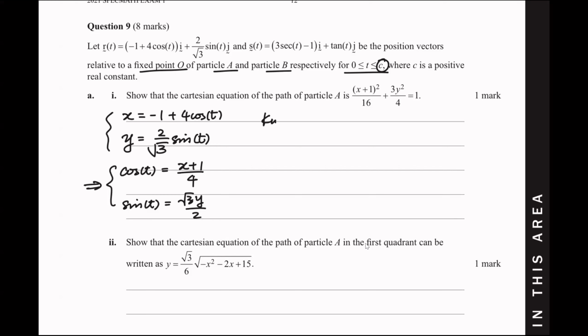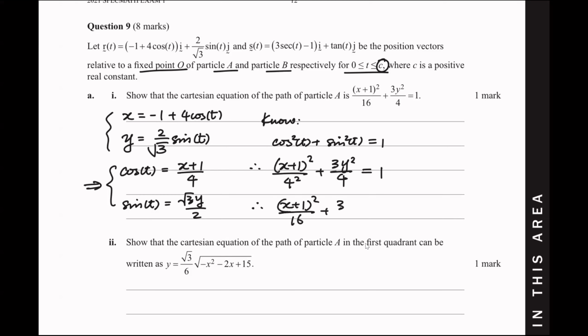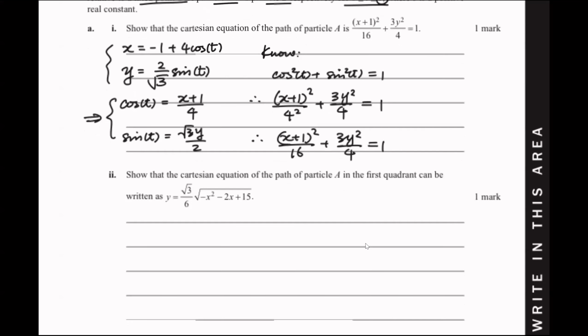We know that cosine squared t plus sine squared t equals 1. Therefore, (x plus 1) squared divided by 4 squared plus 3y squared divided by 4 equals 1. So you have (x plus 1) squared divided by 16 plus 3y squared divided by 4 equals 1. Fair enough. It's a very simple trigonometric rearrangement and substitution to convert parametric form into Cartesian equation.